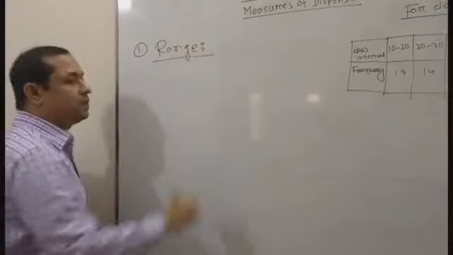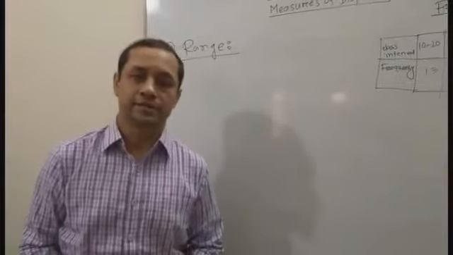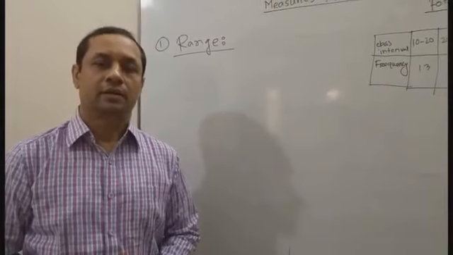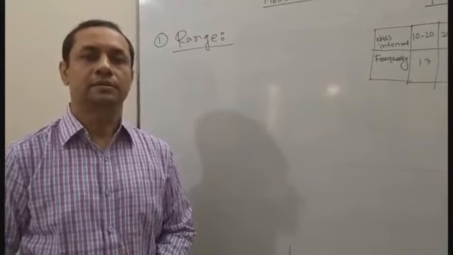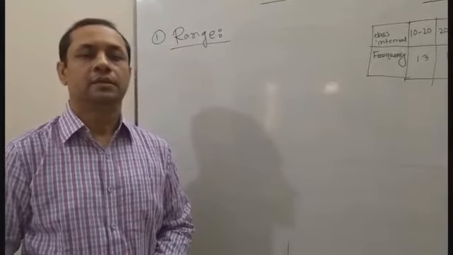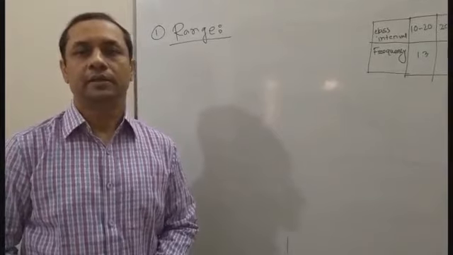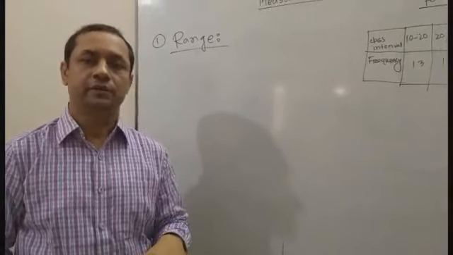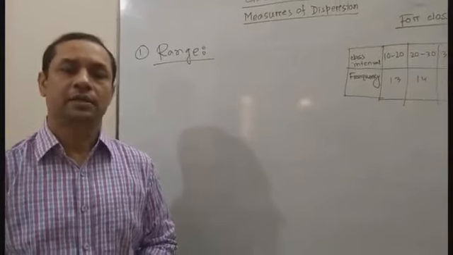Range. What do you mean by range? It is the difference between the largest value and the lowest value. Again, range is called the difference between largest value and lowest value.